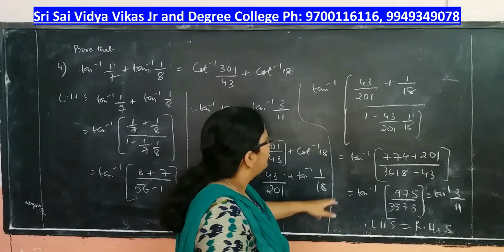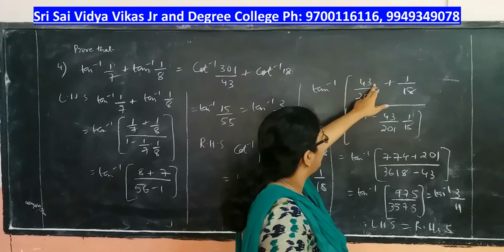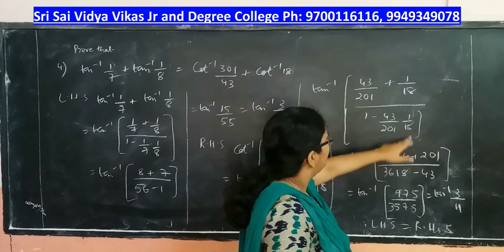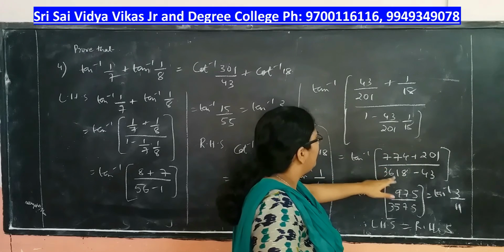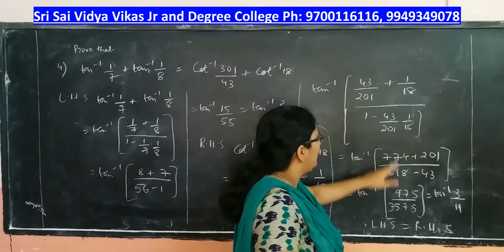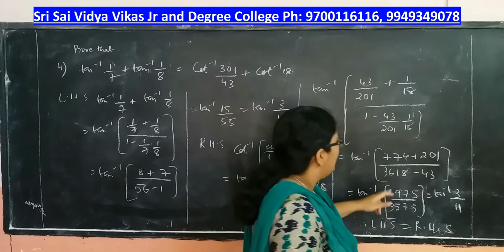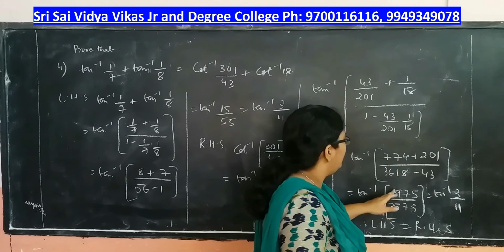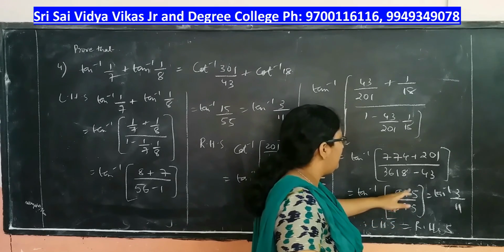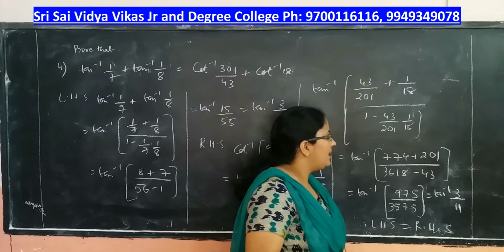So that is nothing but tan inverse of (774 plus 201) by (3618 minus 43), if you multiply with 201 into 18. 201 into 18 cancels. 774 plus 201 is 975. 3618 minus 43 is equal to 3575. This goes in the 325 table: 325 threes are 975, 325 elevens are 3575. So that is equal to tan inverse 3 by 11.